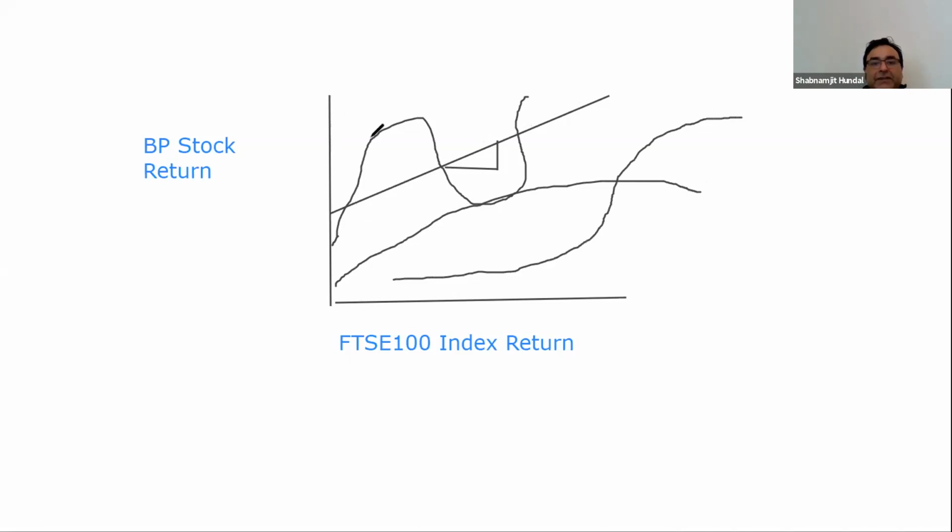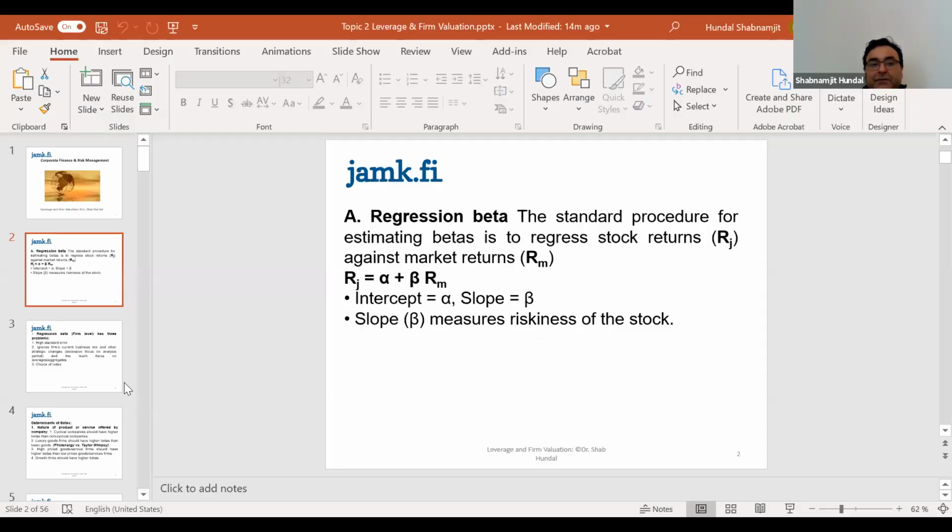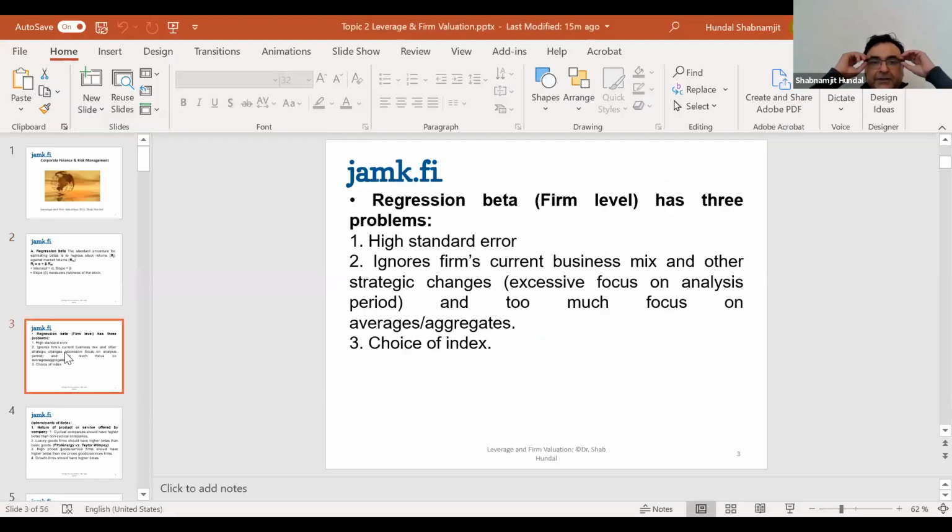Because of these assumptions, it's quite possible that the standard error is high. And the higher the error, the lesser the reliability of your test statistics.